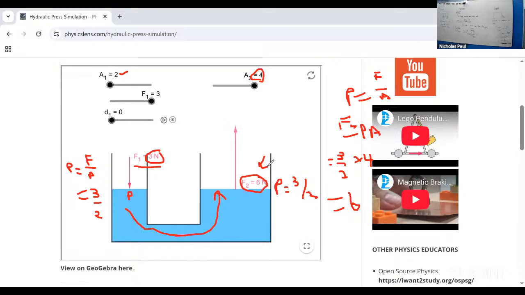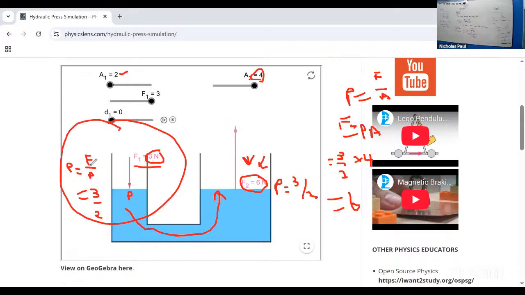So I have a hard question for you, Michael. Here's the question. Michael, I want to get a bigger force here. I don't want it to be 6, I want it to be more than 6. What to do on the left side here?